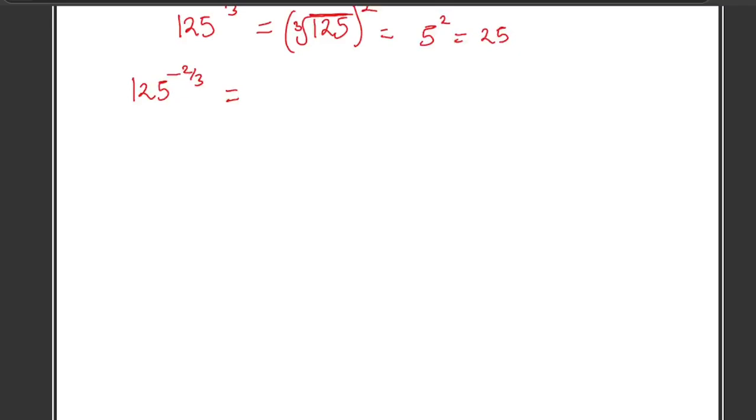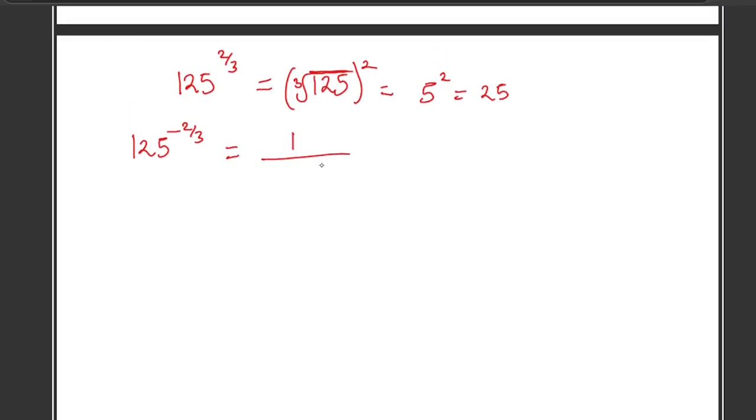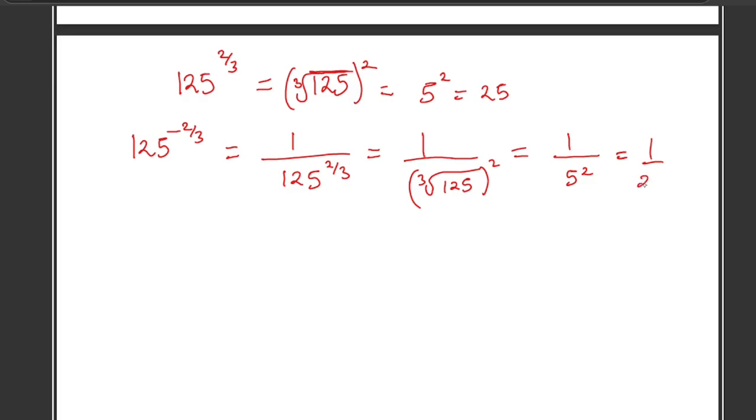So we apply that here and it becomes 1 over 125 to the power 2 over 3. This will ease your work. Then this becomes 1 over the cube root of 125 squared, and that's 1 over 5 squared, which is 1 over 25.